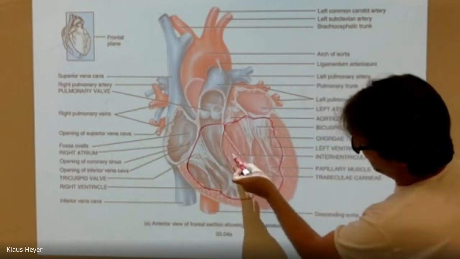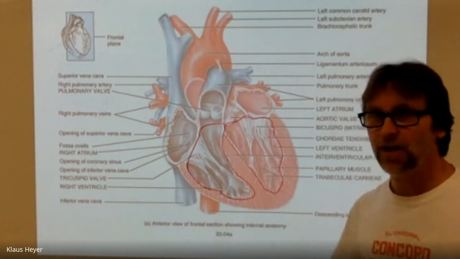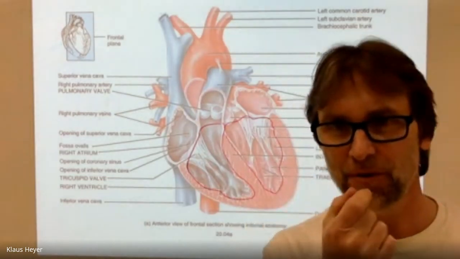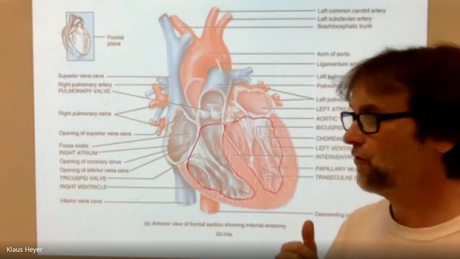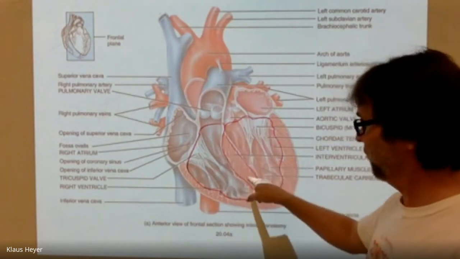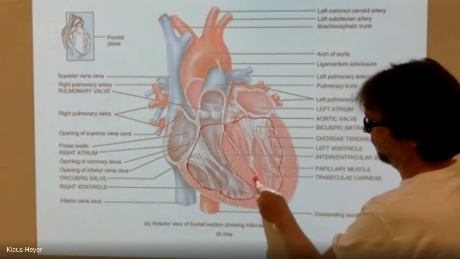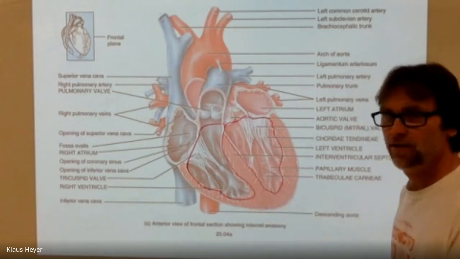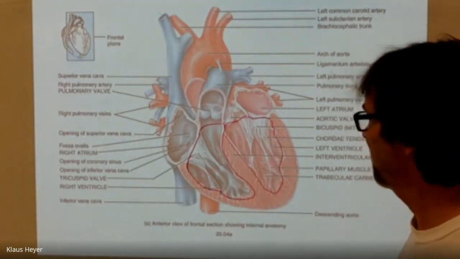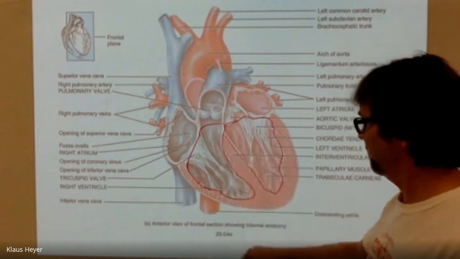And you see in between, just like in between your nostrils you have a septum, in between your ventricles you have a septum. So this is all myocardium. This is heart muscle. So this is the ventricular septum. It's the septum between the two ventricles.